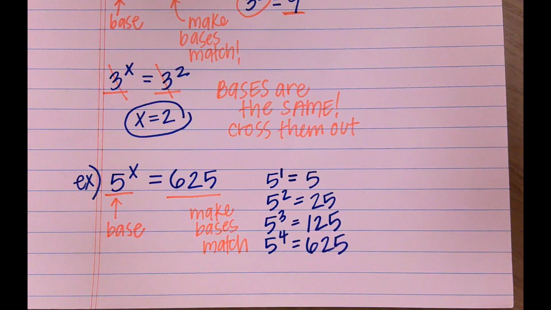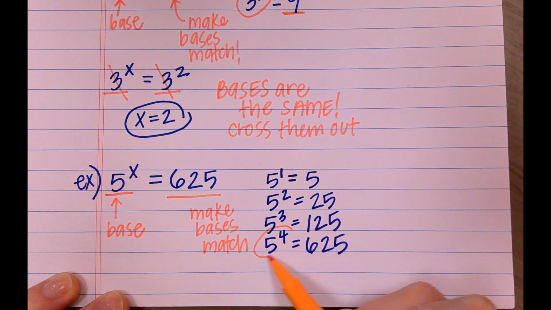So if I know that 5 to the fourth power is 625, what can I do? Replace your 625 with 5 to the 4th power. Yes.